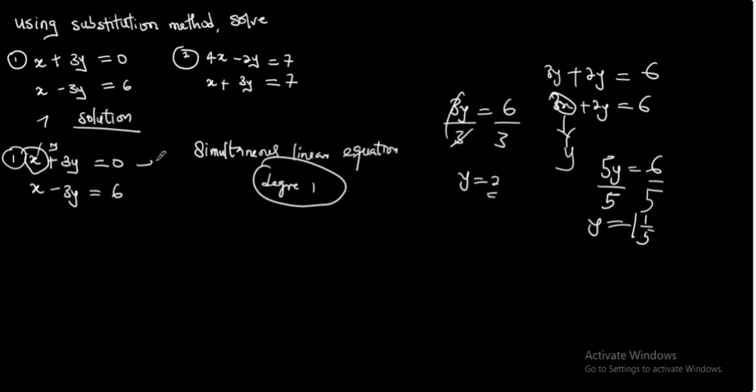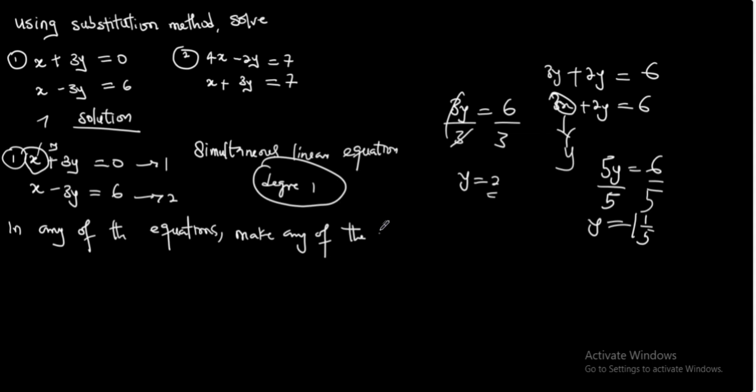Now, this is equation 1. This is equation 2. Now, how do we get the value for x or y that we want to substitute? In any of the equations, make any of the variables subject.